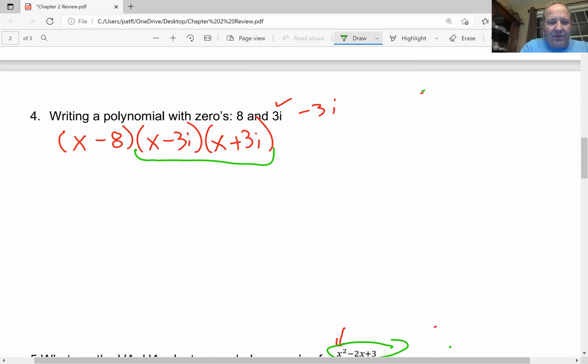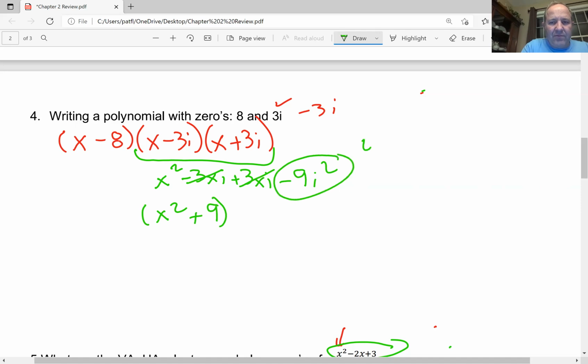Now that's going to give me x squared minus 3xi plus 3xi minus 9i squared, which is really, see, these cancel, x squared plus 9, right? Because we've got to remember i squared is equal to -1.